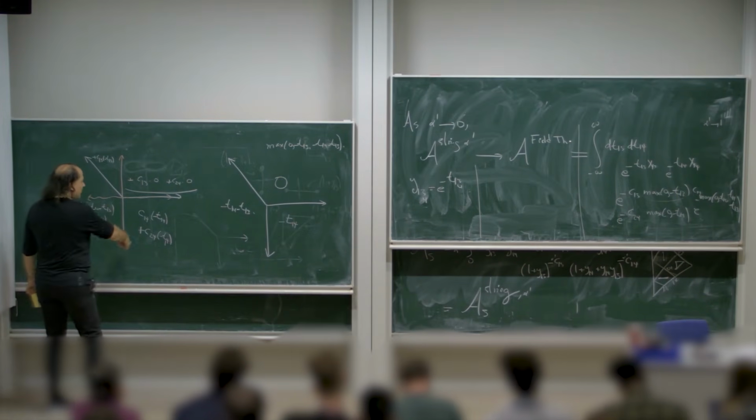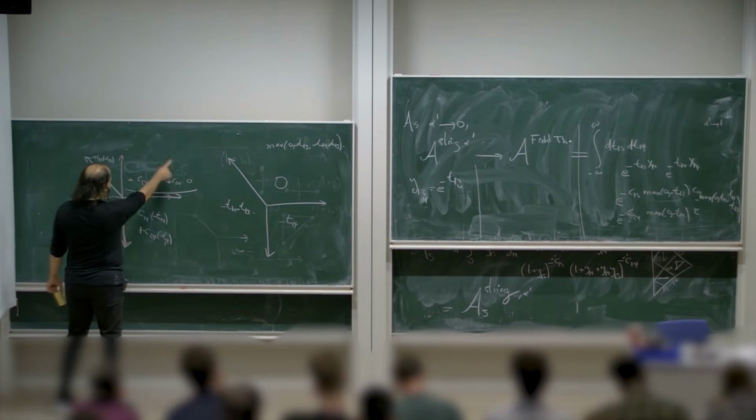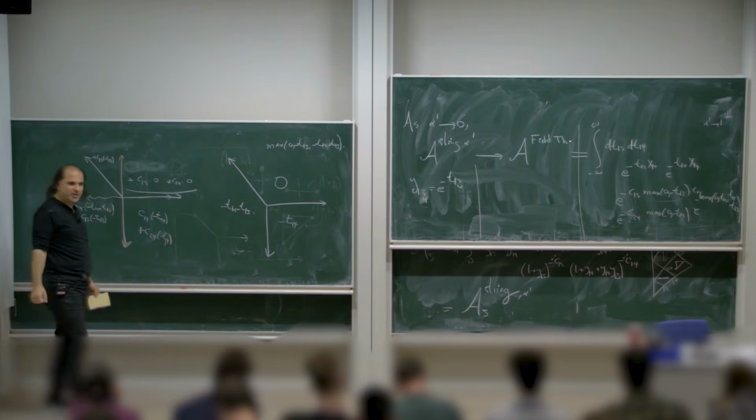Anyway, you see you have an expression that's piecewise linear in each one of these cones, and now let's look at what it looks like, for example, in this cone. This is the simplest one in which we can do it.